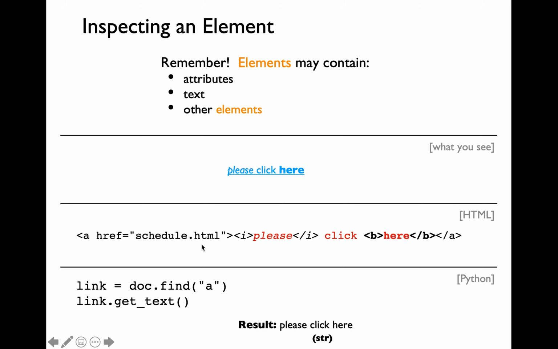The last thing which I want to talk about is how to retrieve the attributes of a specific element. You'll have to type link.attrs.